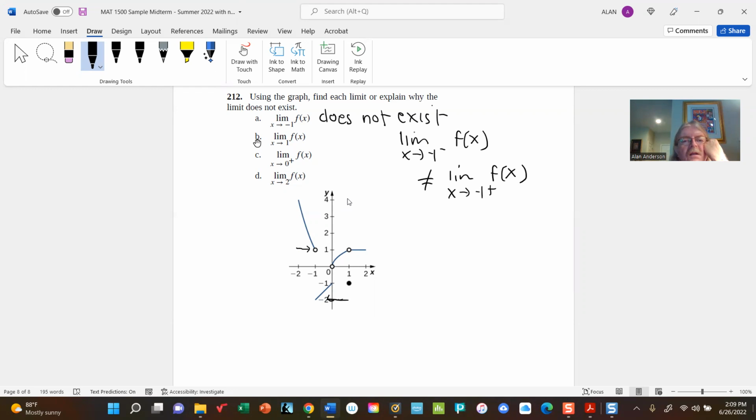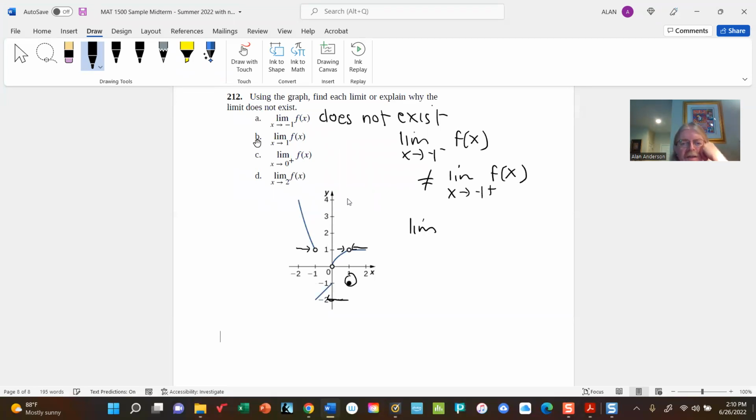Now, the next one is for +1. +1 is a tricky one because you see what's happening is that as we approach from the left, it appears to be approaching 1, and the same thing's happening as we approach from the right. It approaches this hole. Now, even though there's a single point here, you might say to yourself, well, the fact that there's this gap here with a hole and this other point should mean that there's no limit, but that's actually not the case.